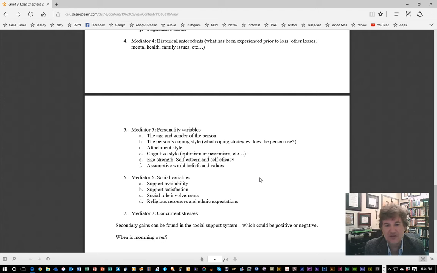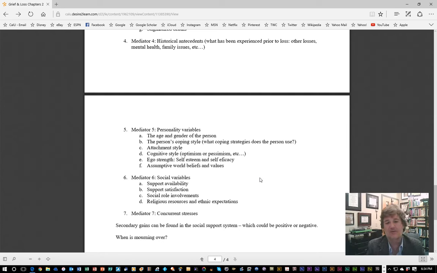What religious resources? What ethnic expectations? And the last mediator is, do they have concurrent stresses? Are they experiencing other stresses like career stress, financial stress, relationship stress, other emotional stresses? Secondary gains can be found in social support systems, which could be positive or negative.